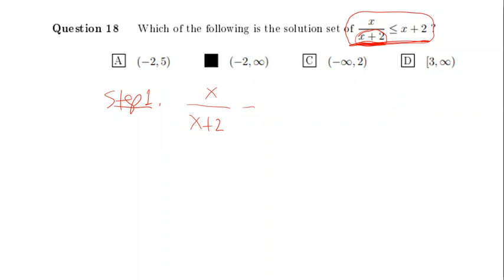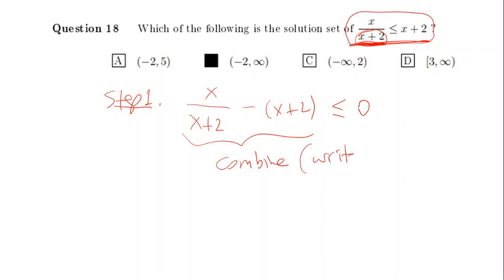What we mean here by standard form is this: make it less than or equal to 0 and combine this part, write it as a single fraction. We did such exercises about writing it as a single fraction in quiz 1, as far as I remember.